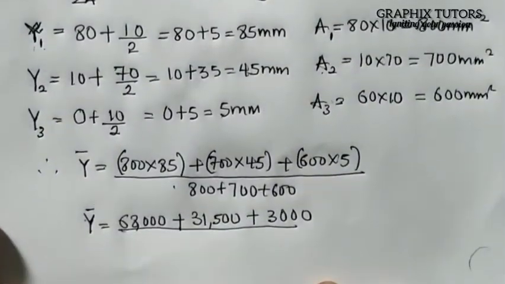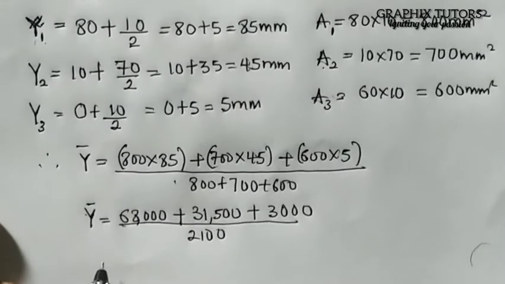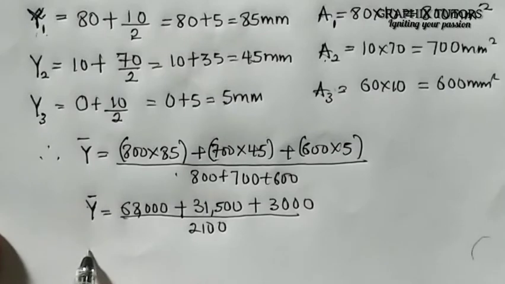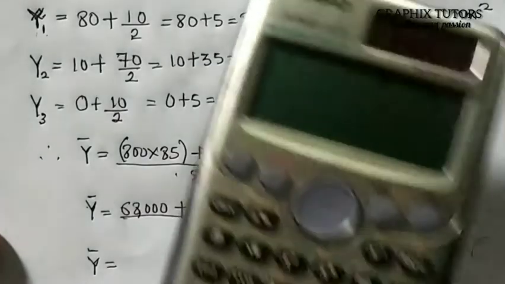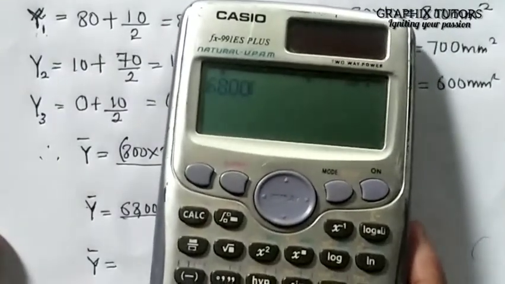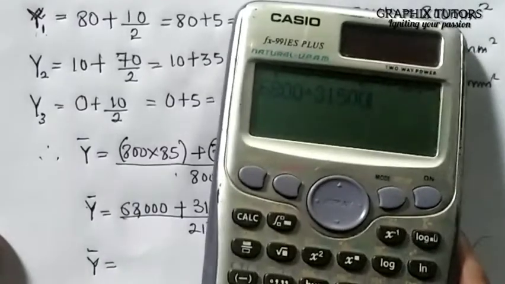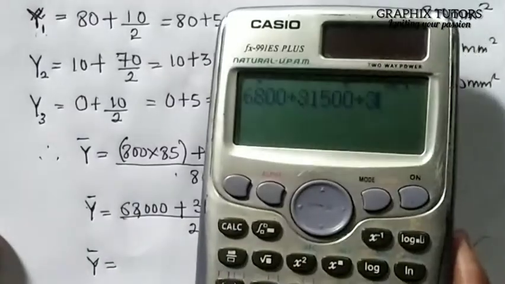So we have 2,100. So my y bar here will now be giving me 68,000 plus 31,500 plus 3,000.